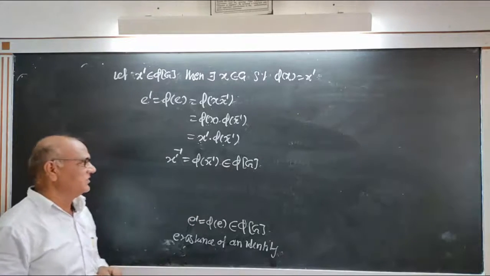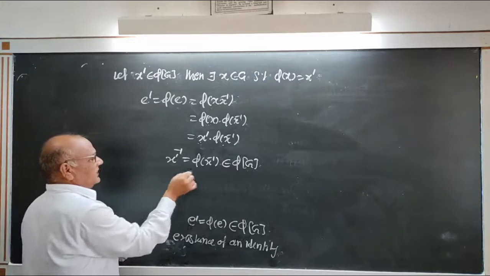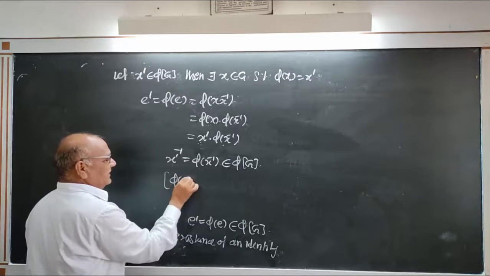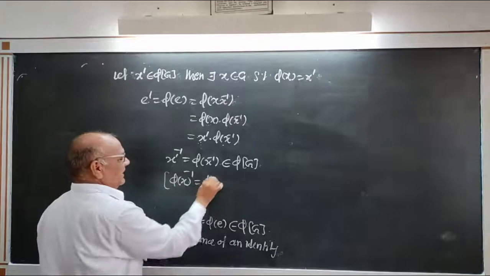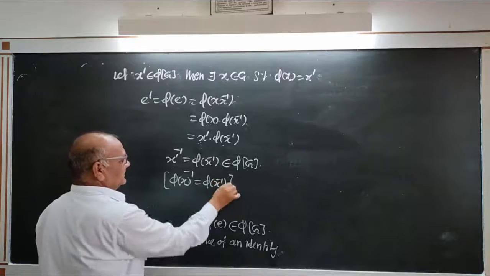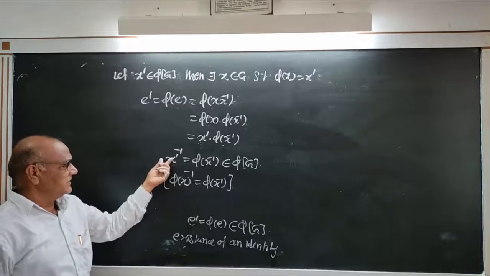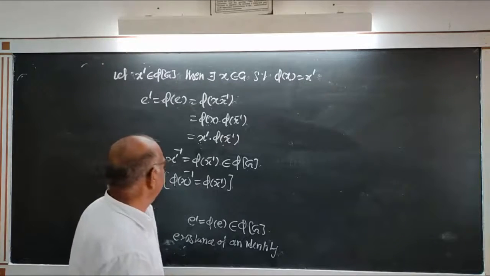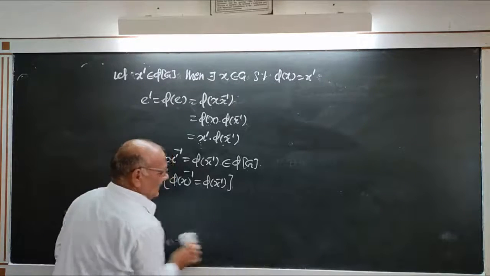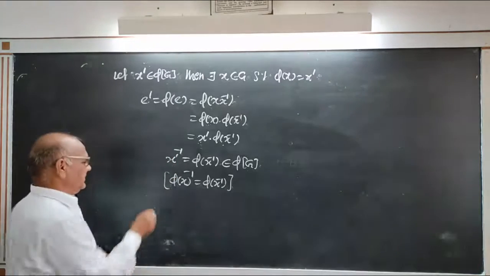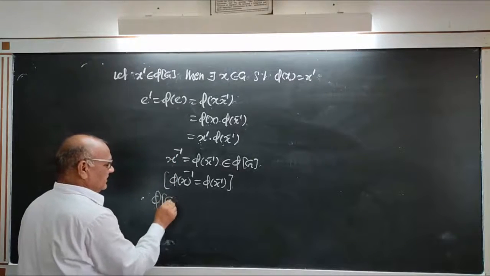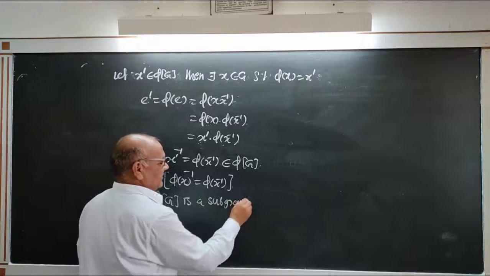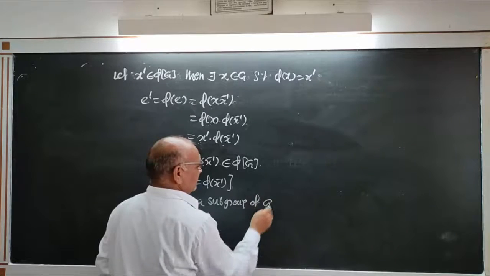Therefore phi of G is a subgroup of G dash.